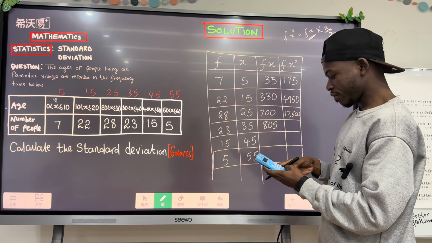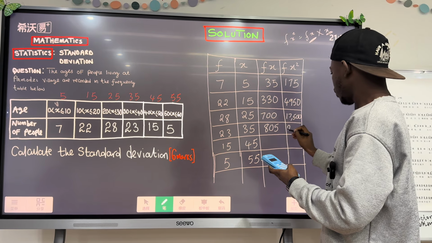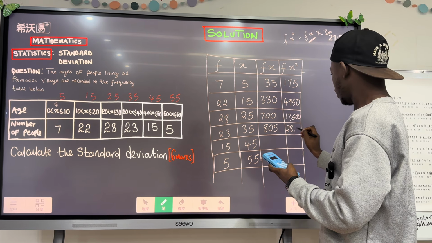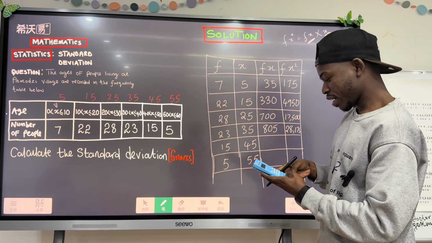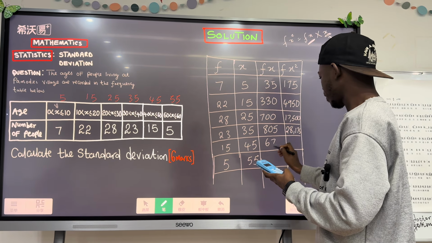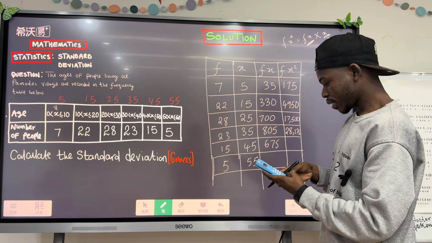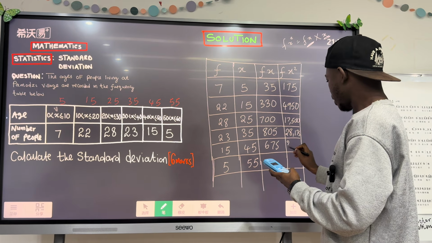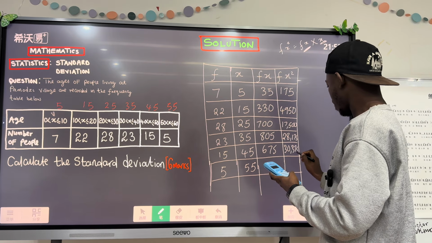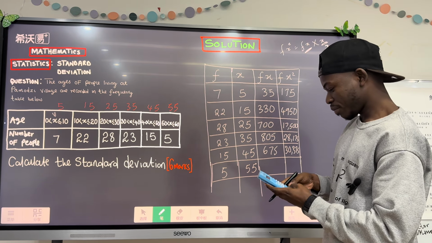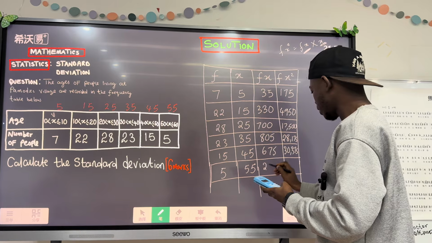Then times 35, times x again, 28,175. Then 15 times 45, we have 675. Then times x again, we have 30,375. Then 5 times 55, we have 275.